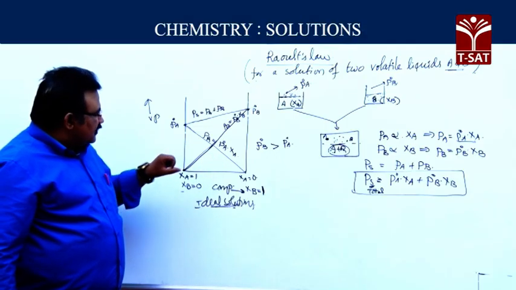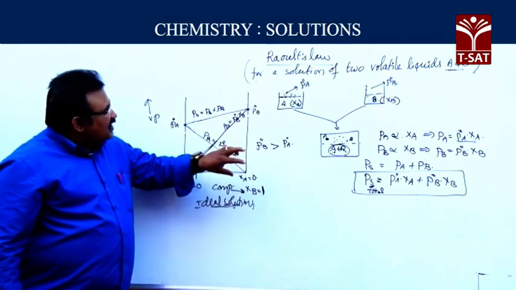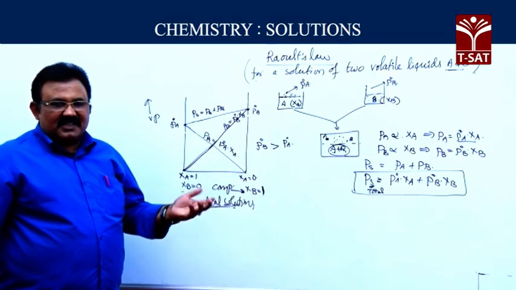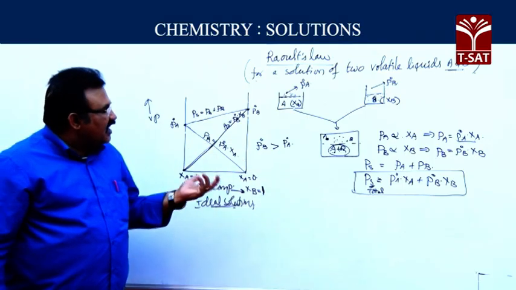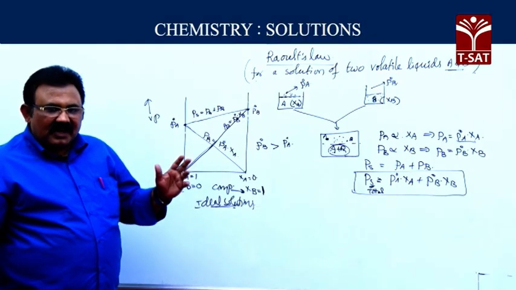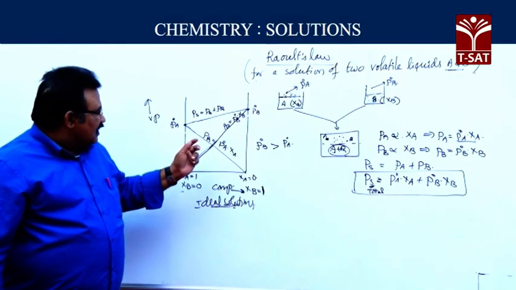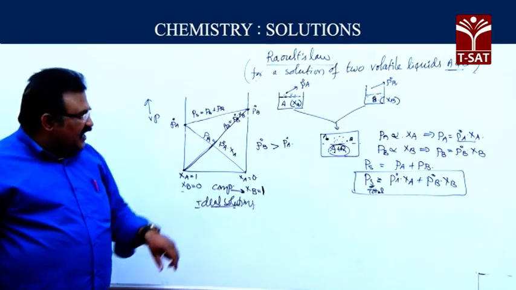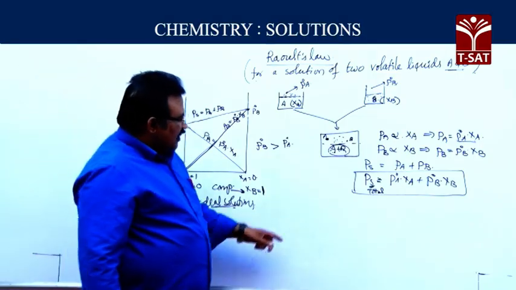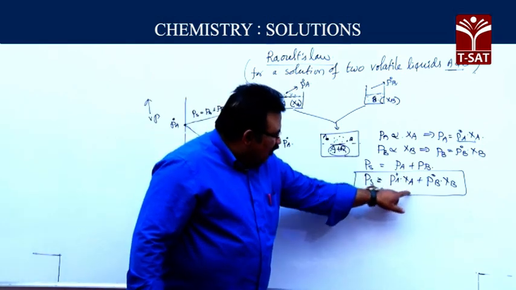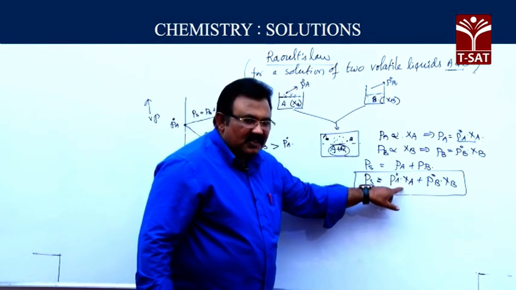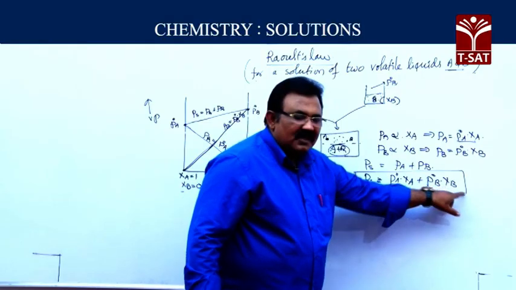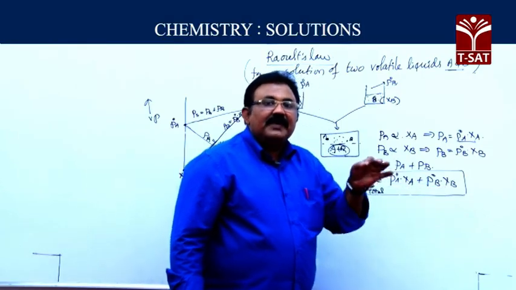Now, why is Raoult's law more advantageous, or why does it have a wide range of application over Henry's law? Because the vapor pressure of the solution can be calculated with respect to the mole fraction of A component and also with respect to the mole fraction of the B component.